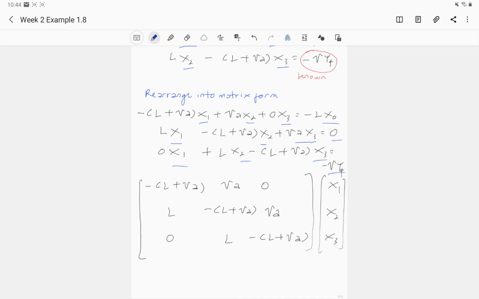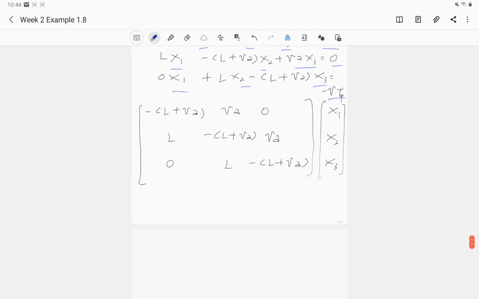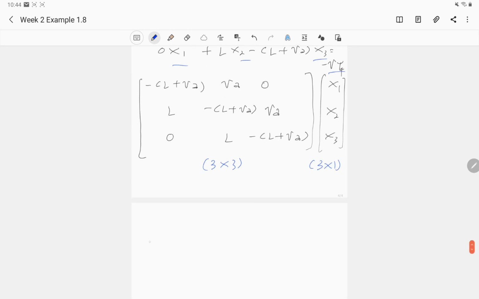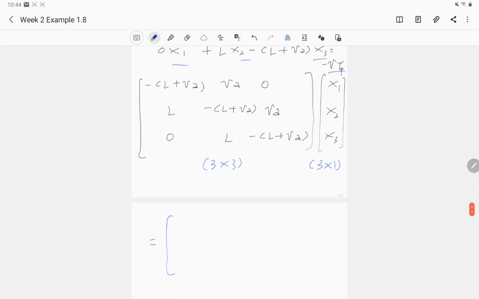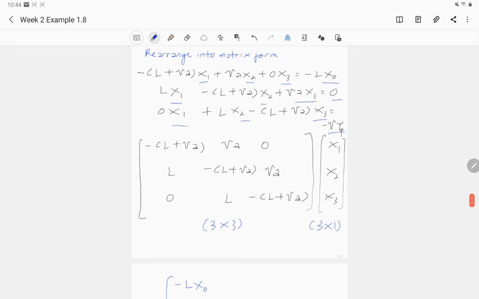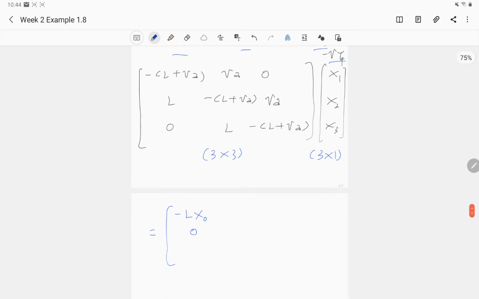Then what we will have essentially is this matrix, where this one is 3 times 3, and this one is 3 times 1, and this will be equal to minus L X0, and then 0, and then V Y4.